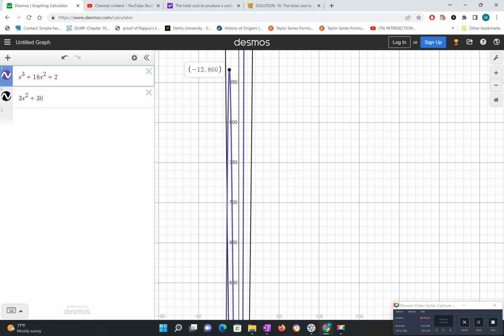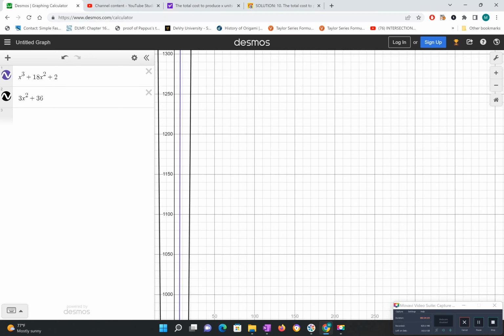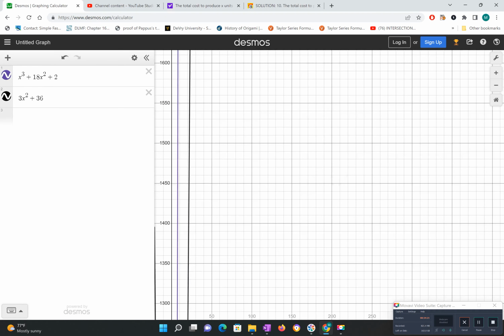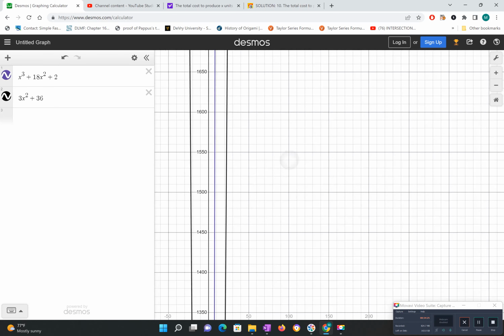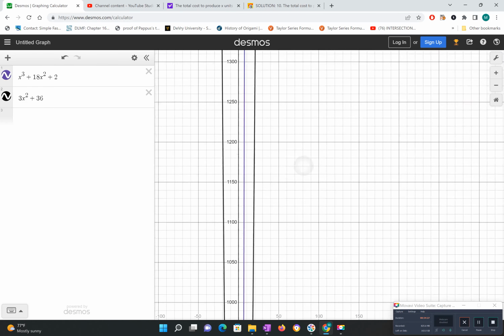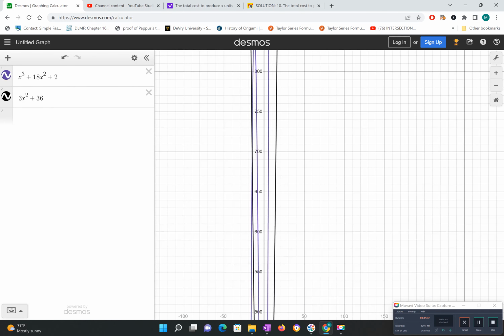Look at that number. In this case, x is negative 12. Let's see what happens down here, positive 12. Well, I did get negative 12. I was negative 12, not positive. My apologies. That's why I was having an issue.